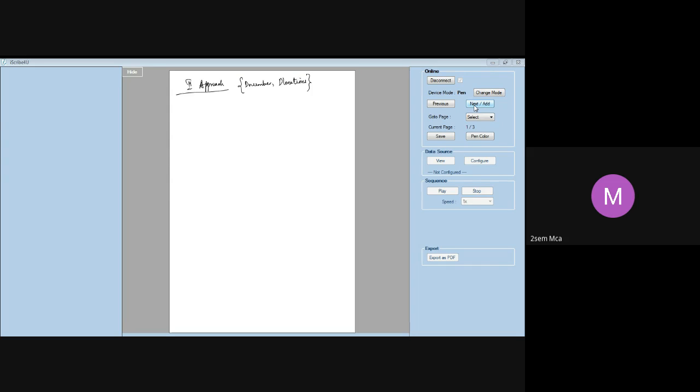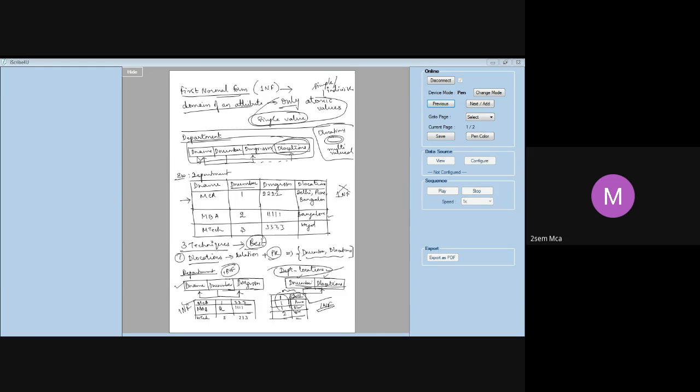Means in the department table itself, you had this department table, right? And you had all these attributes. I can go to the previous and show you. Yeah, in this department table, you had D name, D number, DMGR SSN, and D locations, right? What was the primary key here?